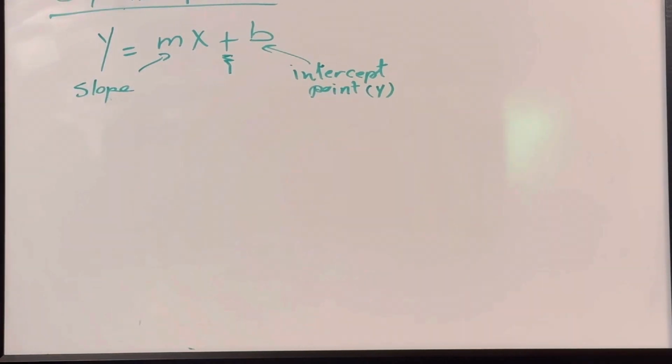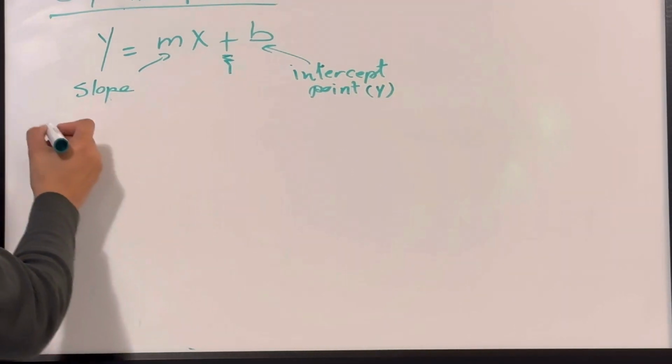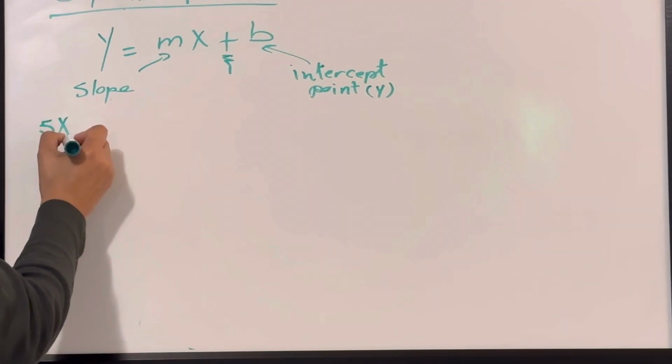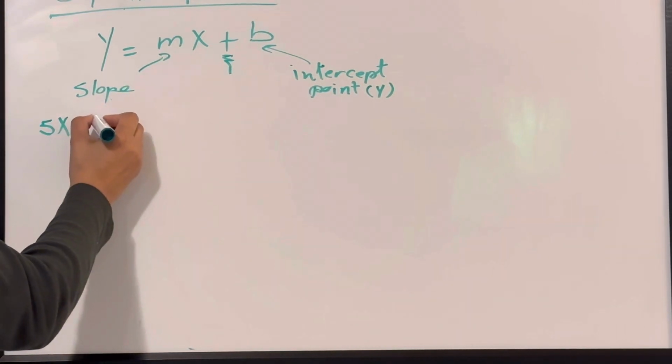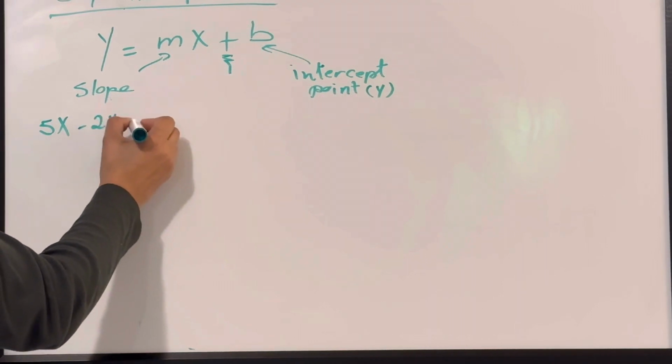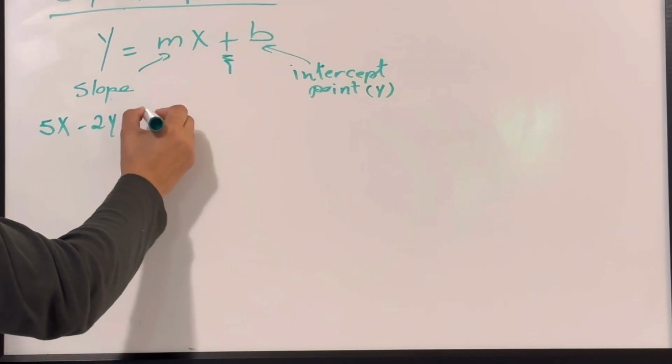Okay, what if I have 5x minus 2y equal 40.